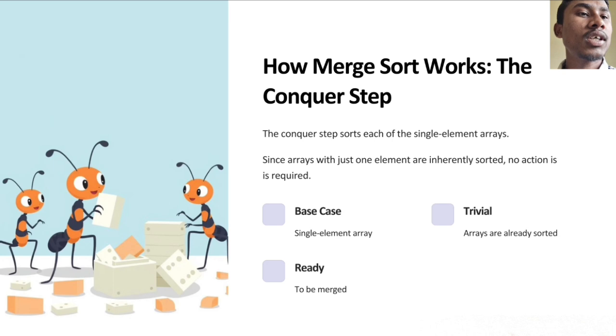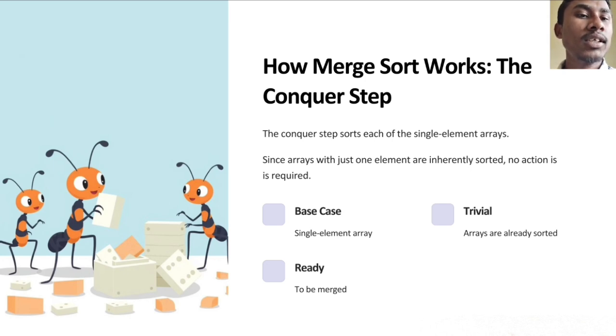Then the conquer step. This conquer step sorts each of the single elements. Since arrays with just one element are inherently sorted, no action is required. So in this conquer step, we basically have three steps: base case, trivial and ready.